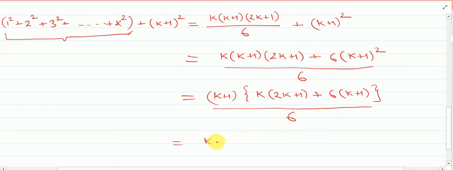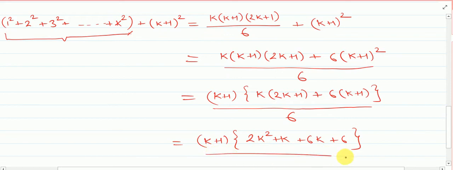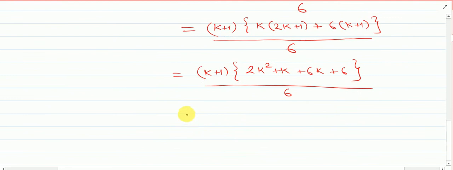Then k plus 1, open the bracket, you get 2k square plus k plus 6k plus 6. Now k plus 1, 2k square plus 7k plus 6.